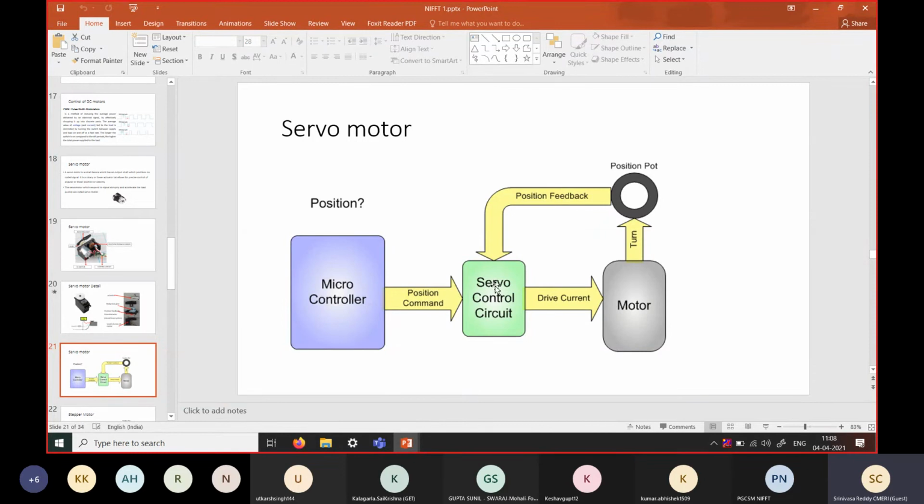When there is a difference between these two, position command and position feedback, the servo controller unit sends some electrical energy to the motor, that is current. In turn the motor will start rotating, and the potentiometer continuously takes the rotational information and sends feedback to the control unit. Whenever these two match, desired and actual position, the controller output becomes nearly zero and the motor stops.